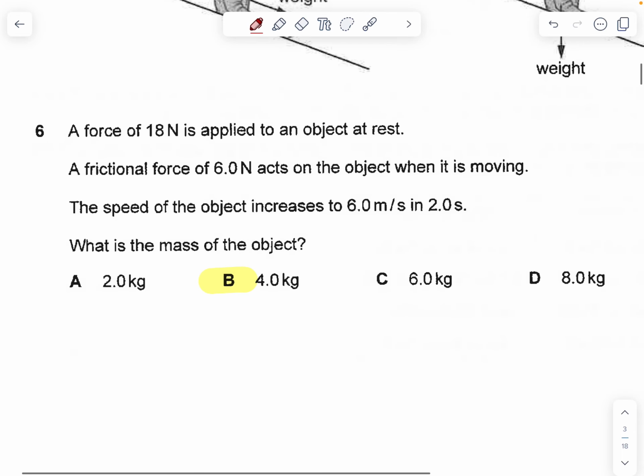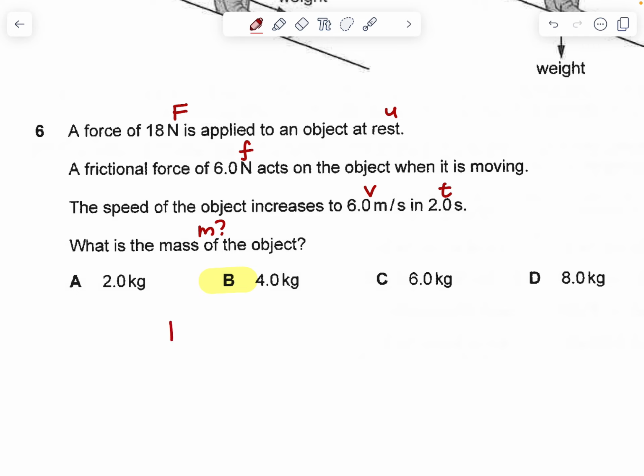Next, question 6. A force of 18 newtons, F, is applied to an object at rest, and a frictional force, small f, acts on the object. The speed increases from rest, U, to V, 6 meters per second in 2 seconds. So they ask you what is the mass of the object. Mass, question mark.